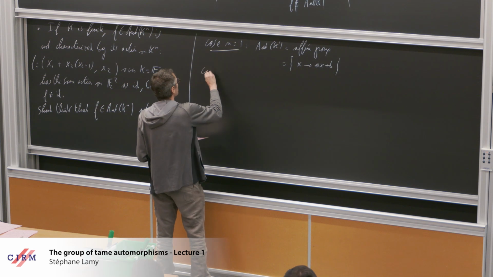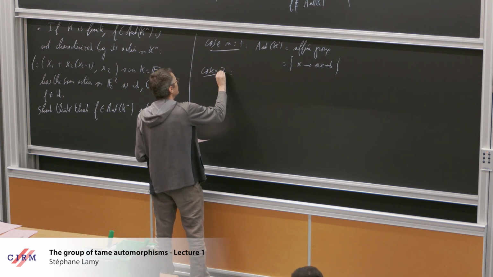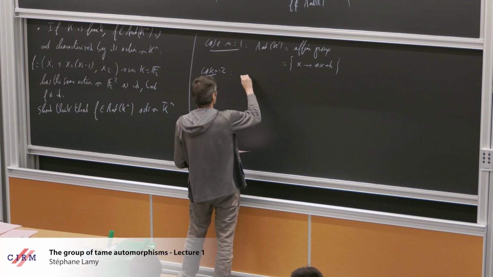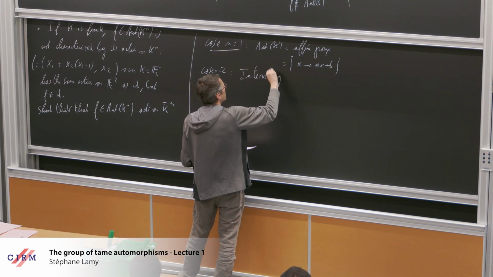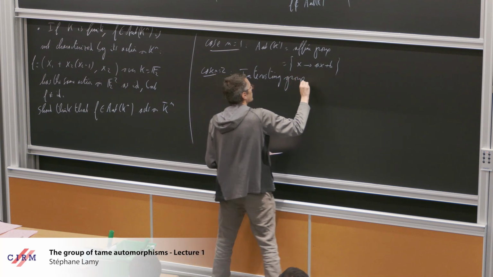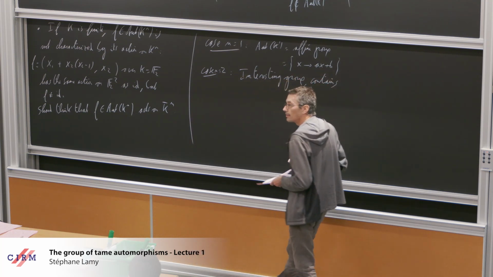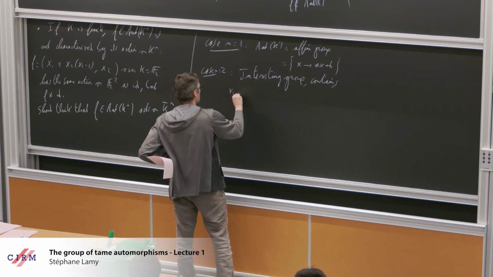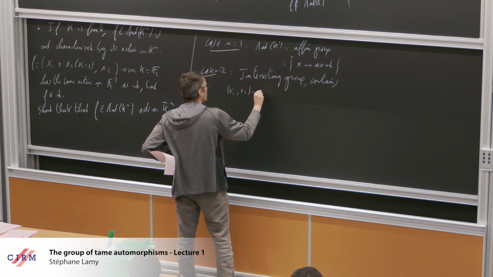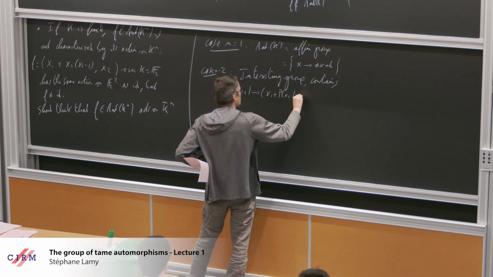So I give you some first examples in n equals 2. It's an interesting group already. So it contains a map of this form. If you have (x1, x2), you can send it to (x1 + an arbitrary polynomial in x2, x2).